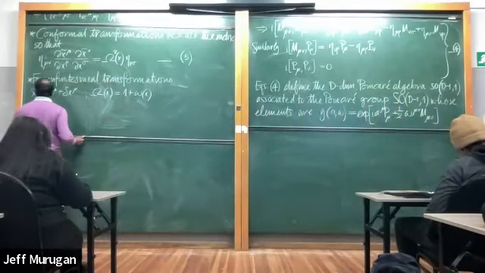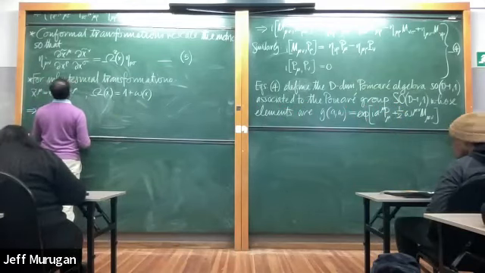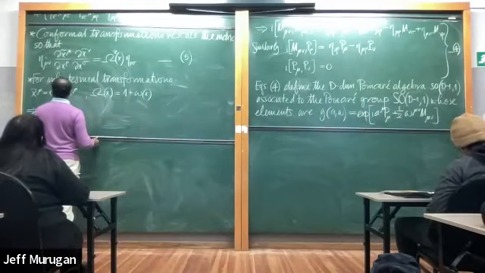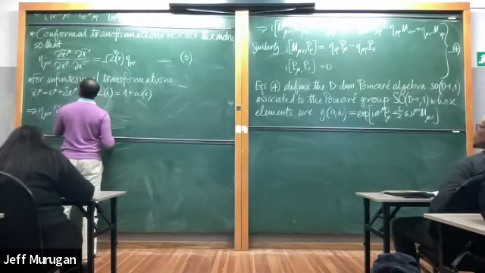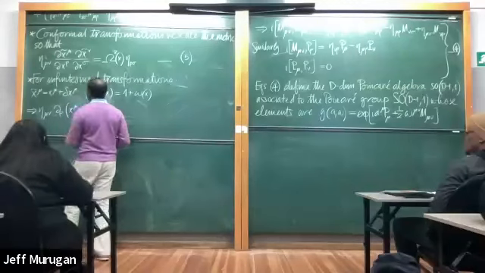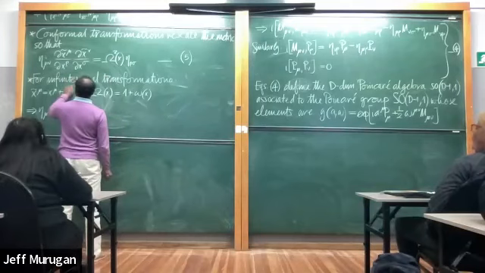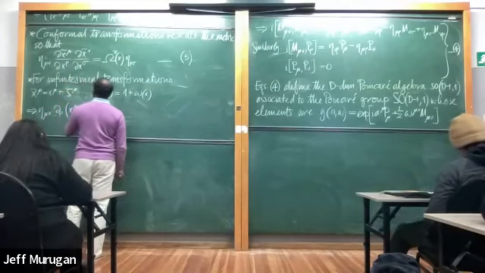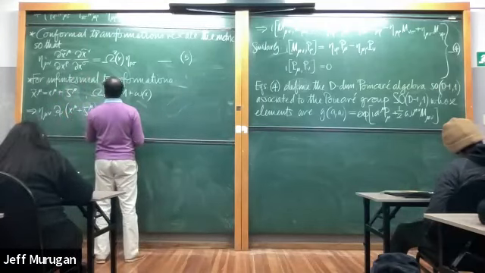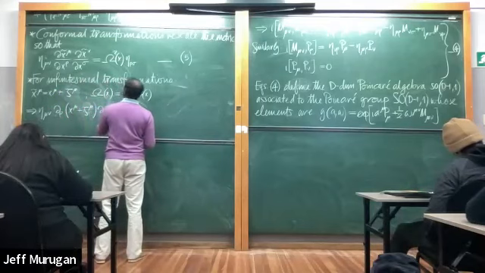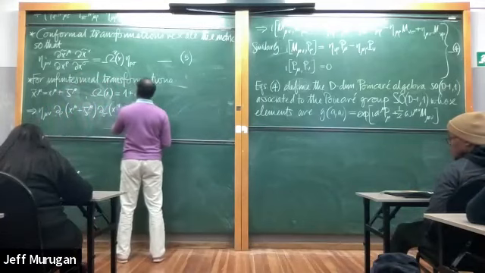And it follows that eta mu nu d by dx mu plus delta x mu. So I want to write this delta x mu as, let's say, some beta mu sigma of x mu plus theta mu.